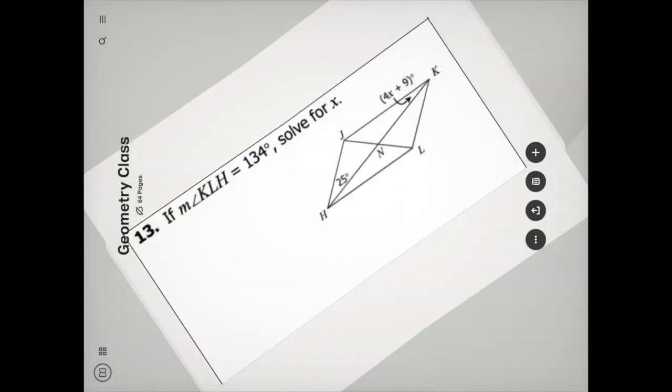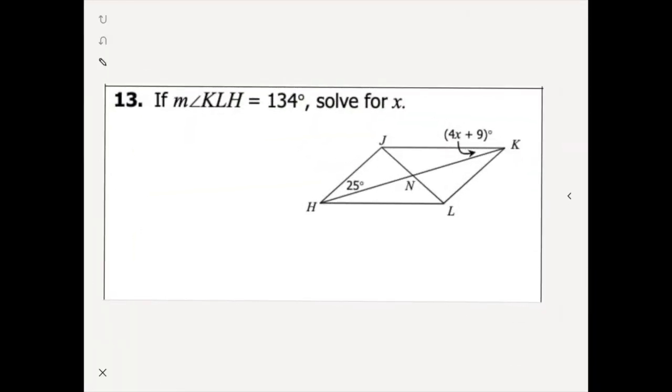Let's do number 13. So this says if the measure of angle KLH is equal to 134, solve for x. So KLH is this whole angle. It's equal to 134. They want us to solve for x.